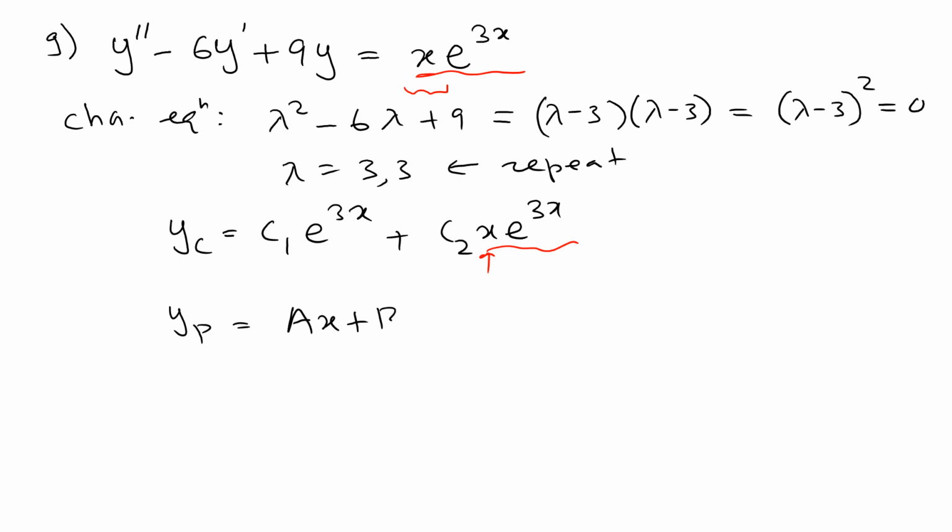That part is clear. But if you look at the exponential part, it cannot be e to the 3x because it's already there. It cannot be x e to the 3x because it's already there. So you have to go to the next one.